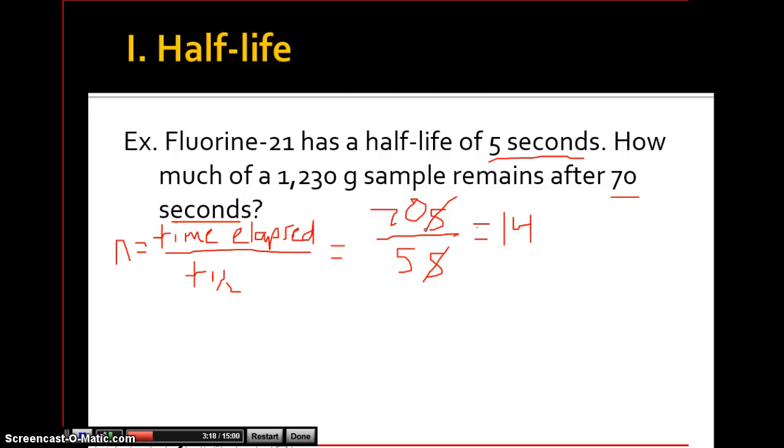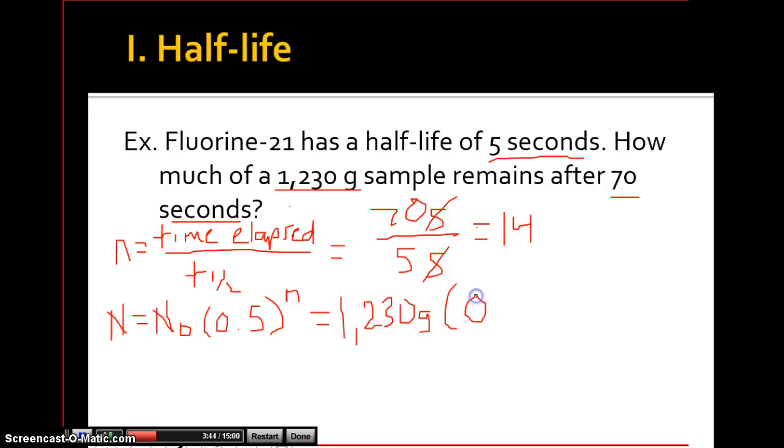Then you want your other equation, so capital N equals N naught times 0.5 to the little n, which is 0.5 to the 14. Then you fill in what you know. We're looking for N. The N naught is the 1,230 grams.